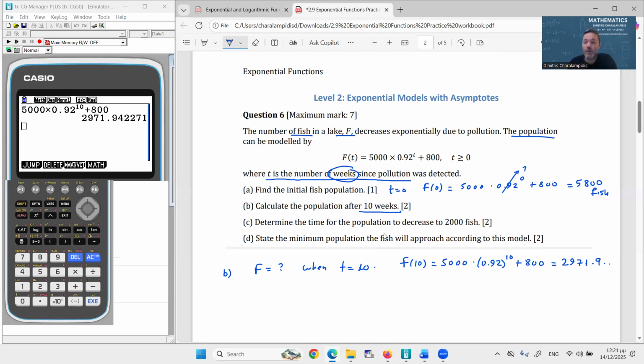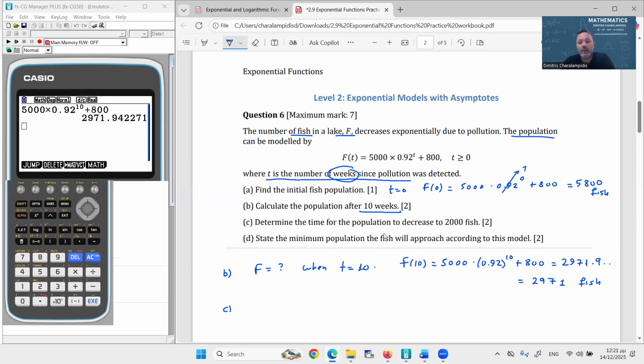But remember that when we are talking about live beings, we have to round them to the ones that would actually exist. 2,971 exists, but the 0.9 doesn't. So my answer would be that there will be 2,971 fish after 10 weeks.